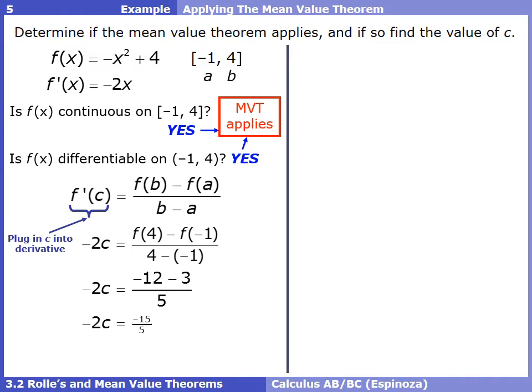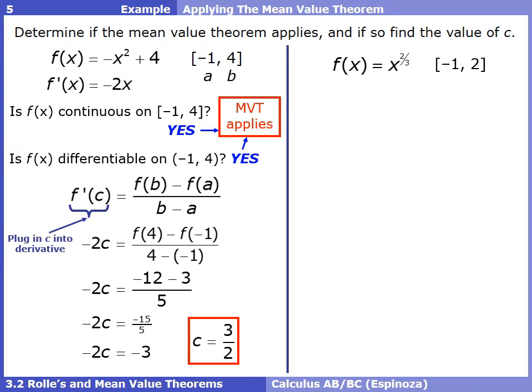Once we simplify, we'll get it down to the point where we have -2c, or -2x if that's how you did it, equals -3. Of course, we can just divide by -2 and we get a c value, or an x if you wrote it that way, of 3/2, which is in the window. So that means at the point 3/2, we know the slope of a tangent line equals the slope of a secant line through the two endpoints.